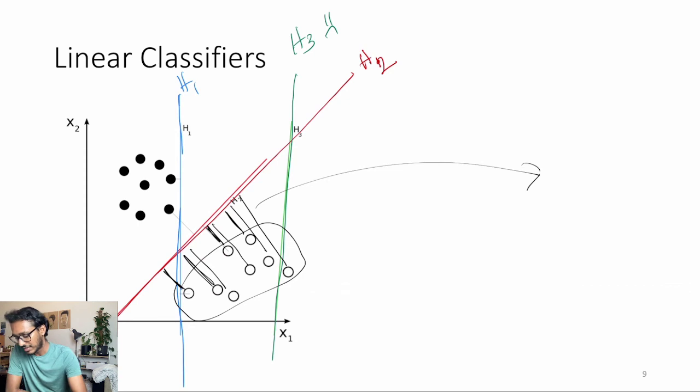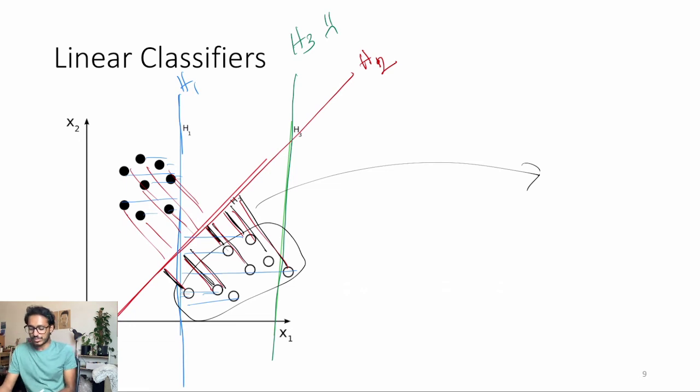Because the distances from H2 to these observations are all quite the same, right? But with H1 you can see that the distances are quite far off for some and quite close to others.